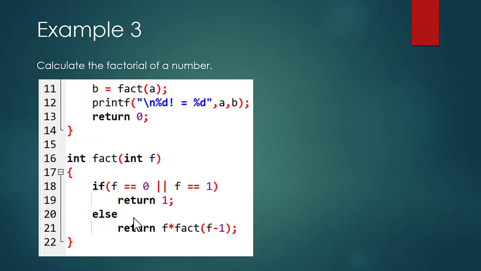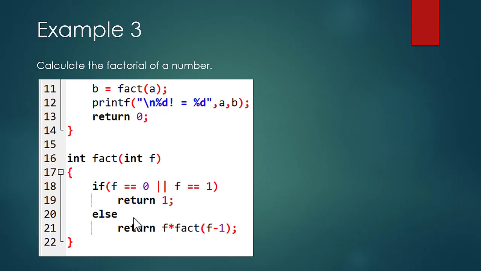Here the fact function, which is a user defined function, will be called from the main function, and that will calculate the factorial and return that value to the main function. As we know, factorial works on integers, and a factorial value is an integer.